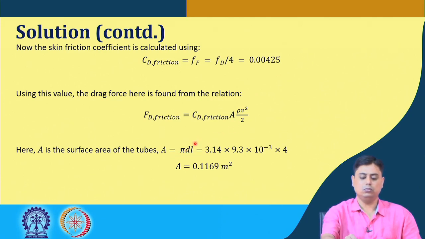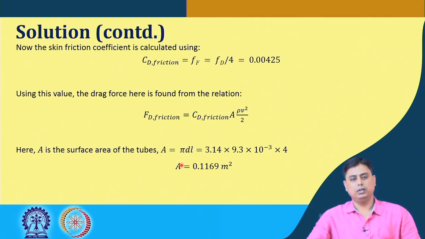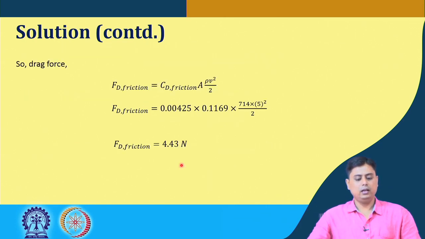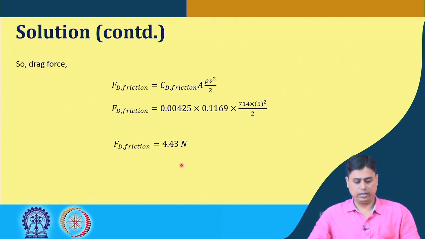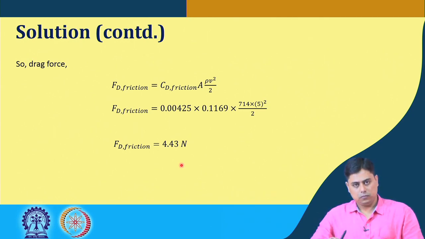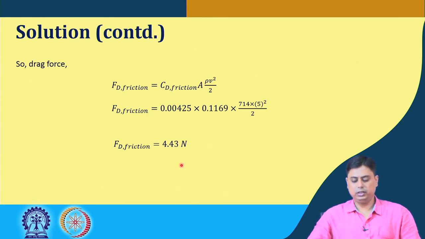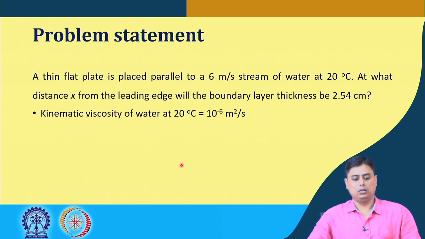For a single tube, like we did for the second problem, 2 pi R H is the available area on which the drag force is exerted, and we replace the numerical values to get the friction drag force over a single tube. So, this is how we calculate the drag force, the drag coefficient, and solve related questions.